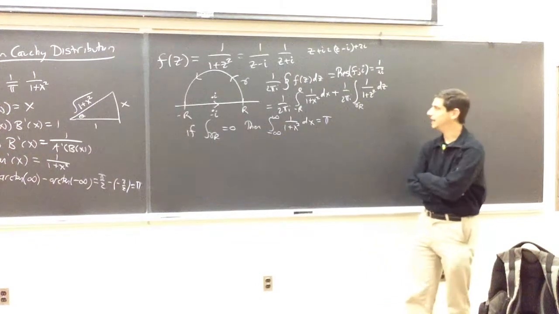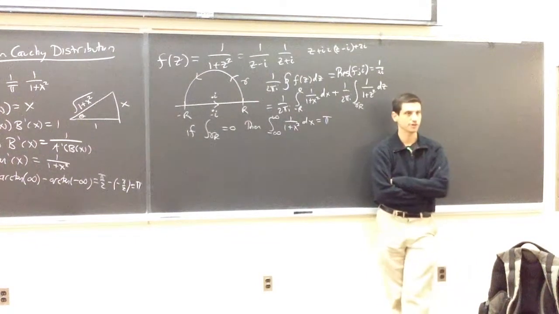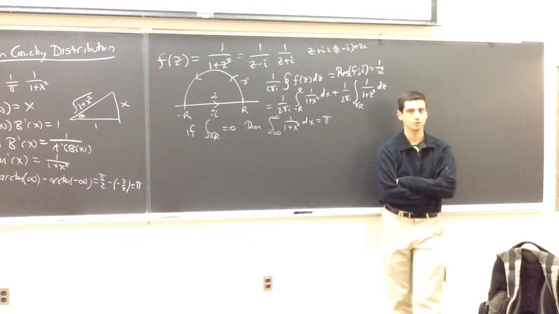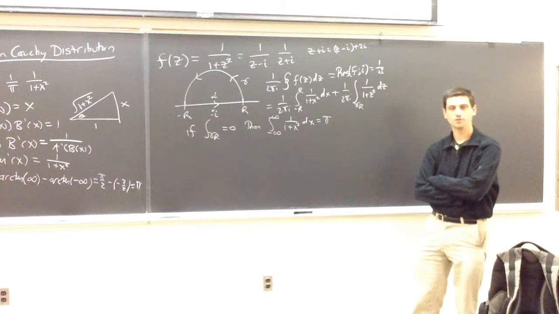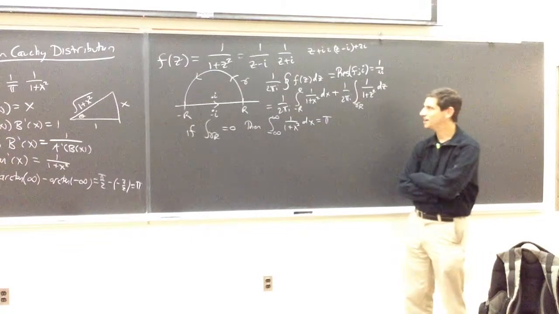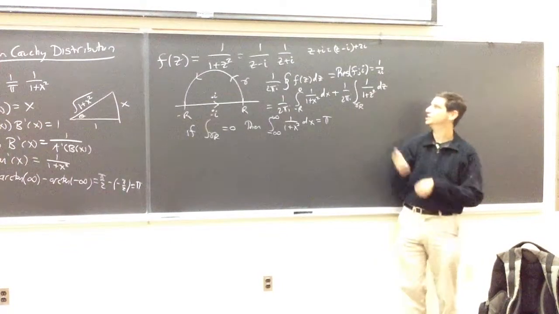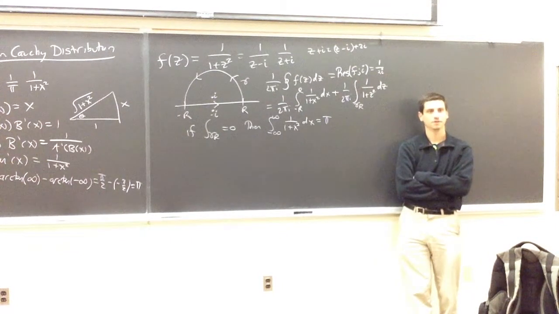Is the integrand large or small as r goes to infinity? What do you think? I'm sorry, small. Can you quantify how small it is? How small is 1 plus z squared? So you can tell me approximately what it is.